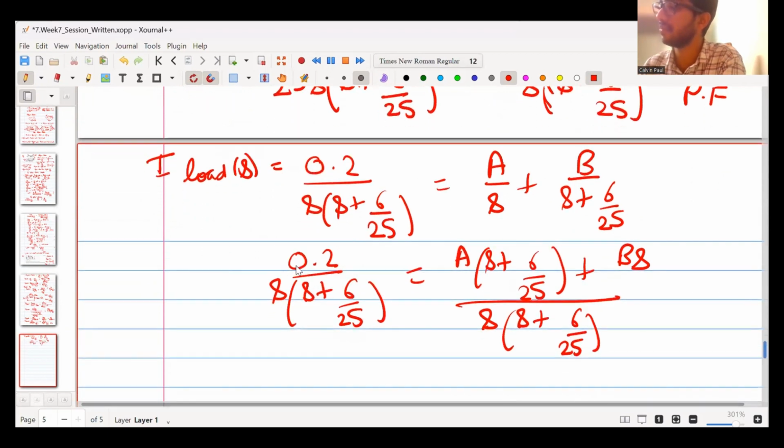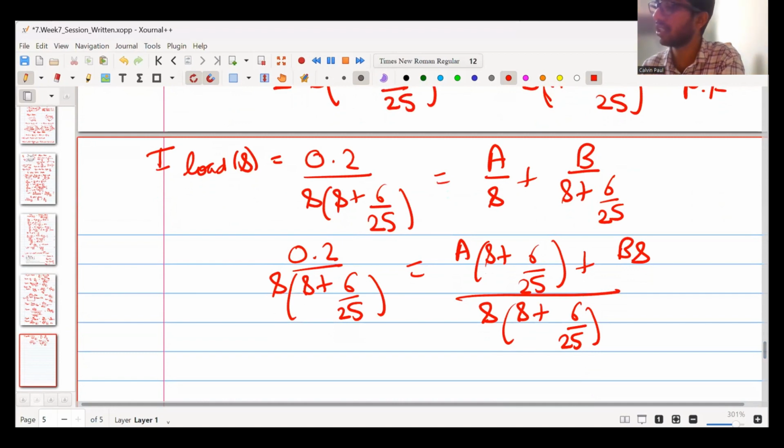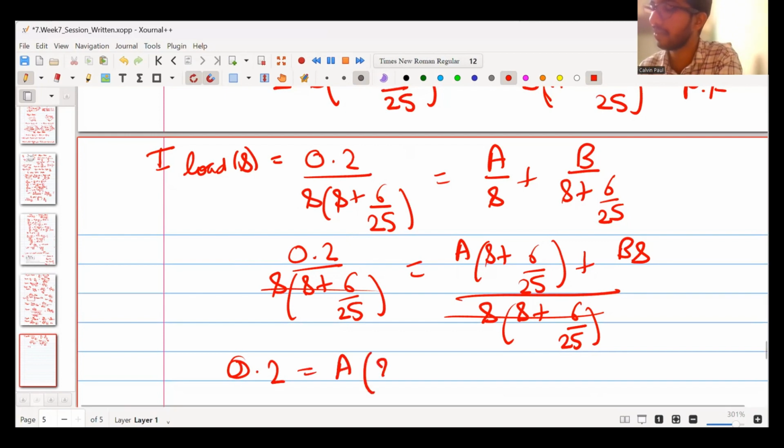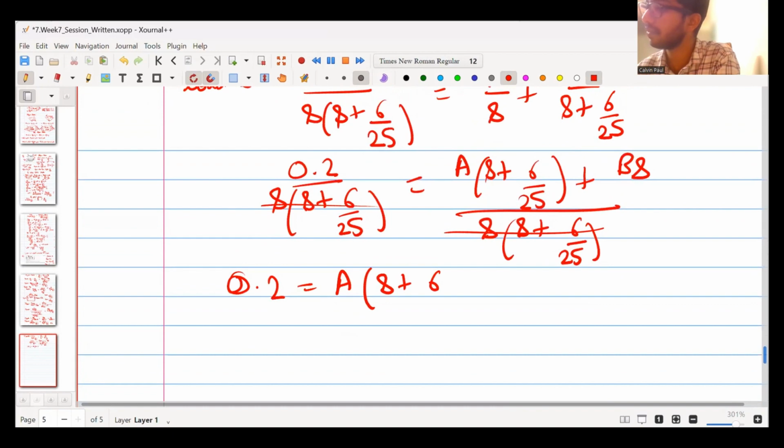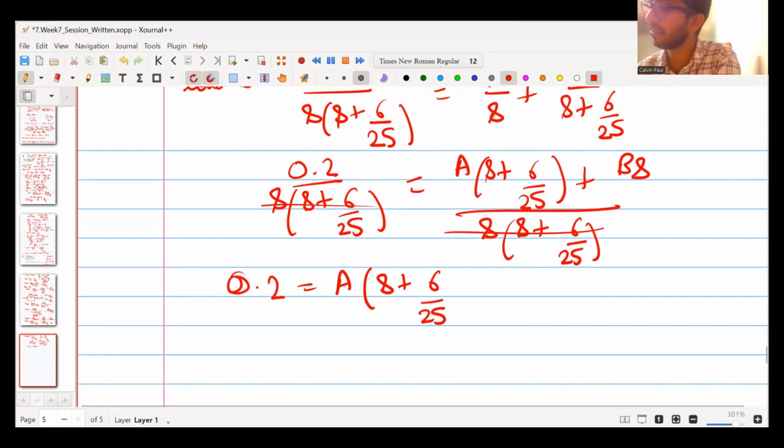Okay. So now the denominators get cancelled. So 0.2 is equal to A into S plus 6 upon 25 plus B into S. So to find A, what do we put S to be?